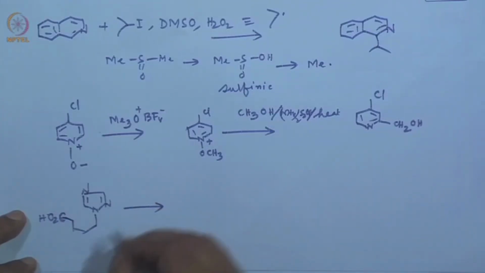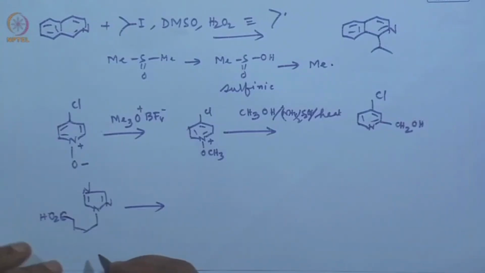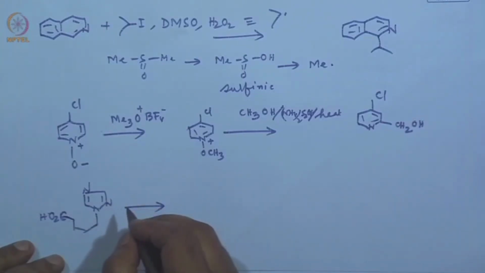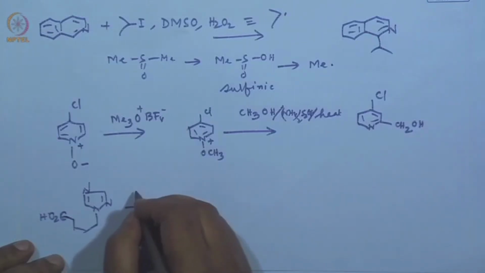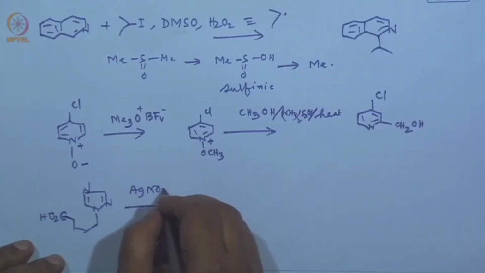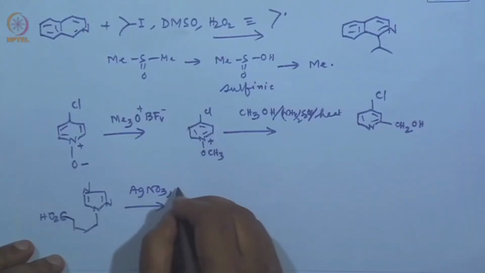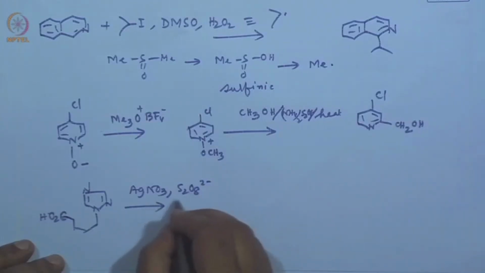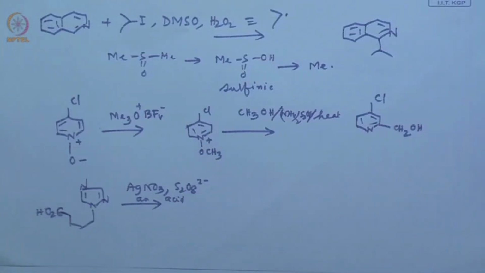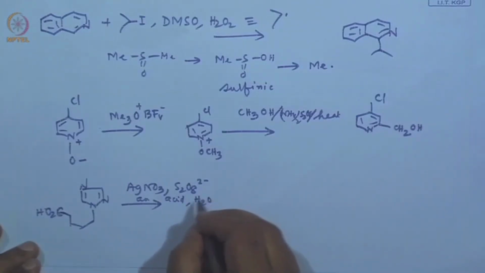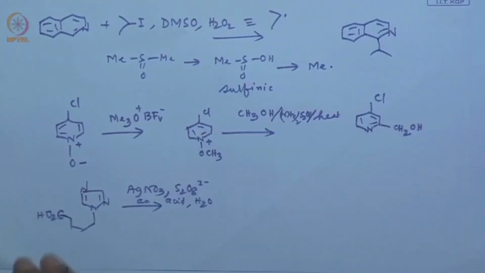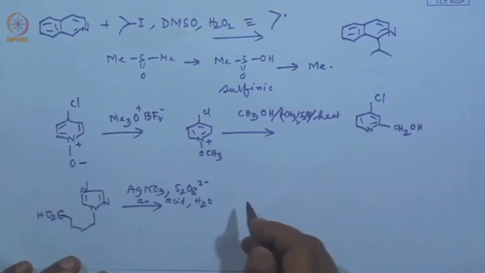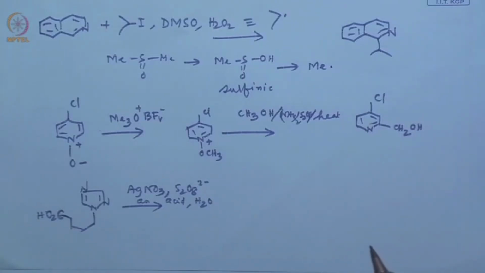Now, you treat this with, let us say, silver nitrate, again persulfate, and of course, an acid. Acid means to protonate the nitrogen, and so water has to be there because it is an inorganic salt. Most of these reactions are done in a mixture of water and an organic solvent. So, you can guess what is the product, right.